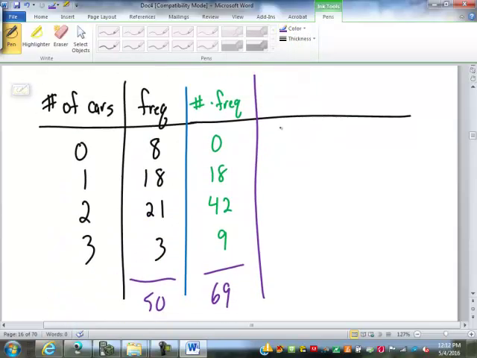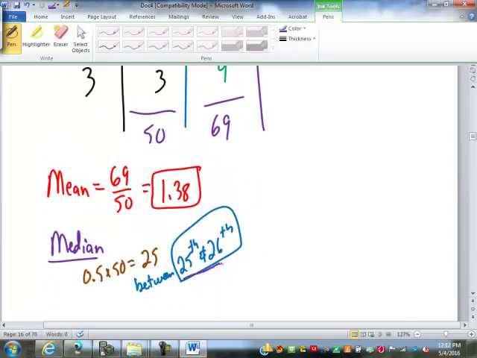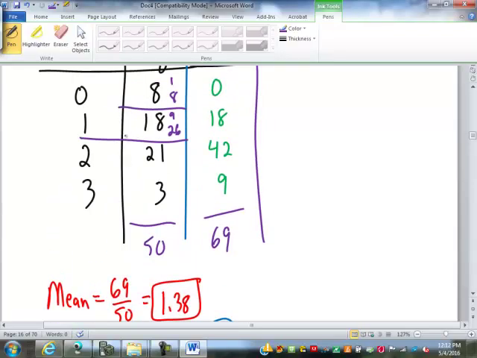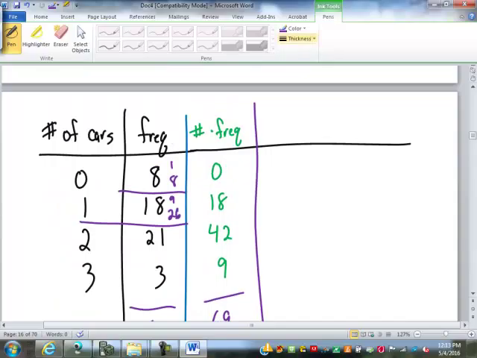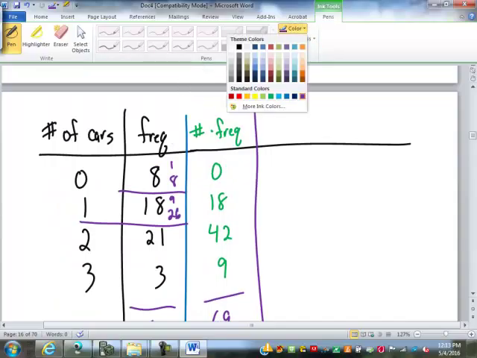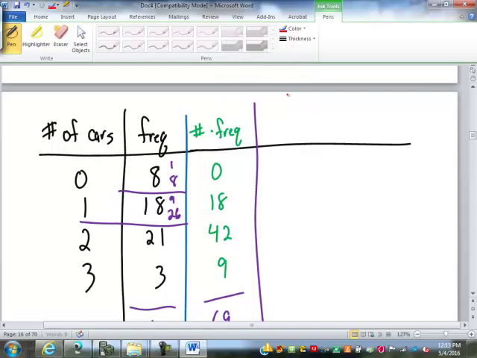The first through the 8th are zeros. 8 plus 18 is 26, so the 9th through the 26th are 1s. So the median here is a 1, because the 1s go from the 9th to the 26th. The mode, well, 2 is the one that's the most often, so 2 would be our mode.